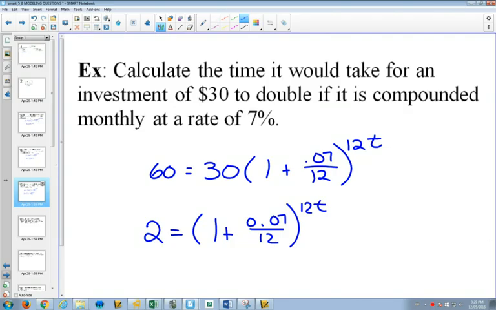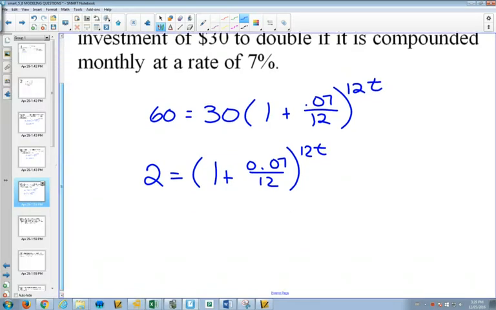Now we're solving for t in the exponent. And solving for t in the exponent means that you're going to need to take the log of both sides. You can take log or natural log. So if you take log of both sides, it'll look like this.